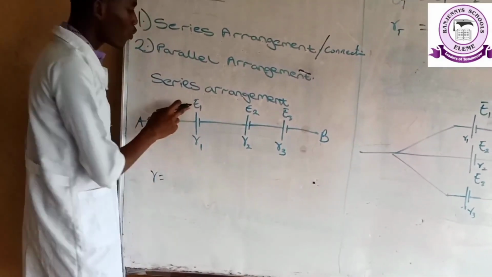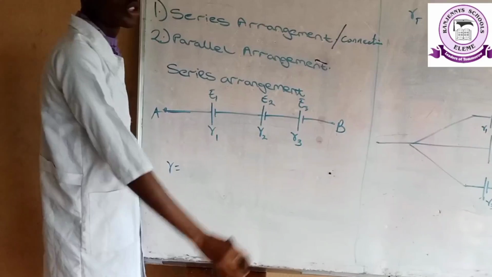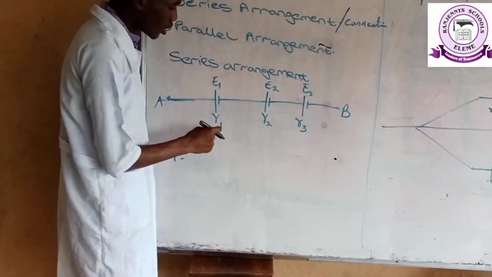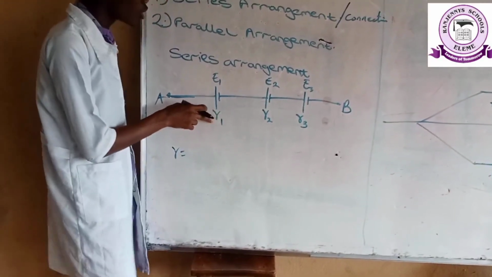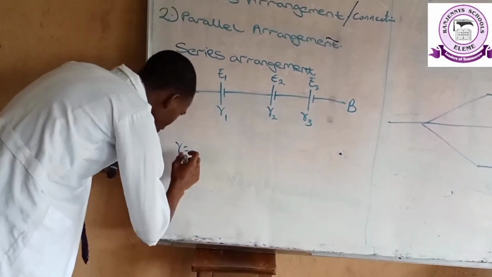Here is EMF 1, EMF 2, and EMF 3. EMF means electromotive force. This here stands for internal resistance. This is the internal resistance of the first cell. And what is internal resistance?